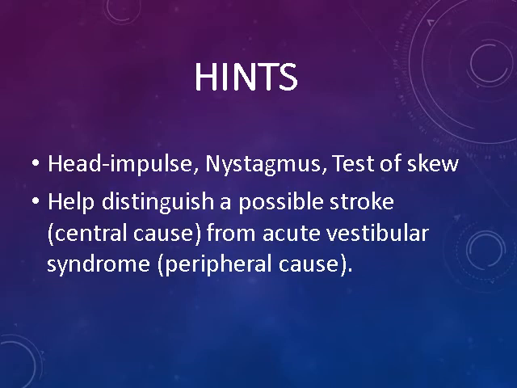Certain studies have suggested that almost 25% of patients presenting with acute vestibular syndrome to the emergency department, at least 25% of them, turn out to be posterior fossa infarction.